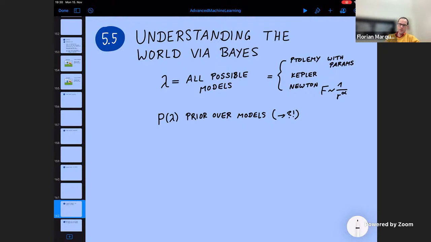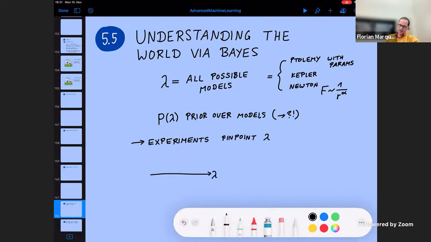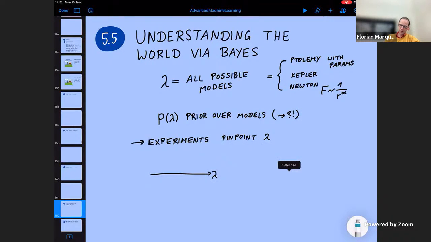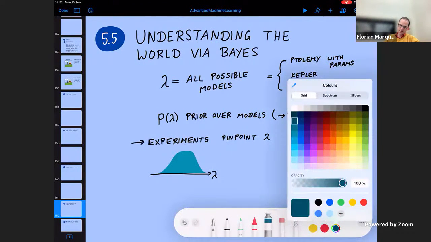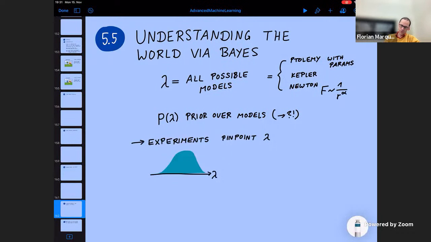So what the observations, the experiments, are doing is they are pinpointing the model, by which I mean they shrink this distribution over models. So to speak, in a very simplistic manner, if previously my distribution over models was very broad and I didn't know very much, then afterwards I have a narrower distribution and I know more once I've done my experiments.